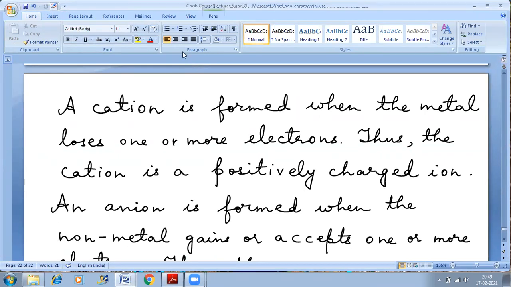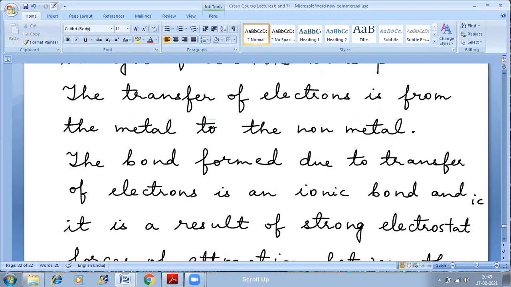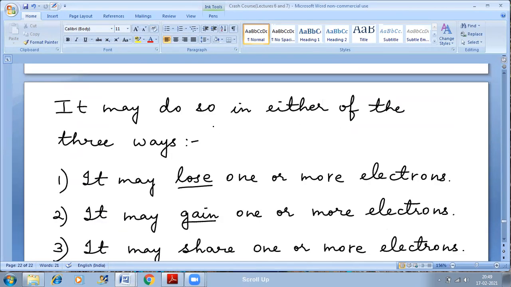Now see, if I have some more reactions. This was the first reaction of a metal. The first reaction was with an acid.